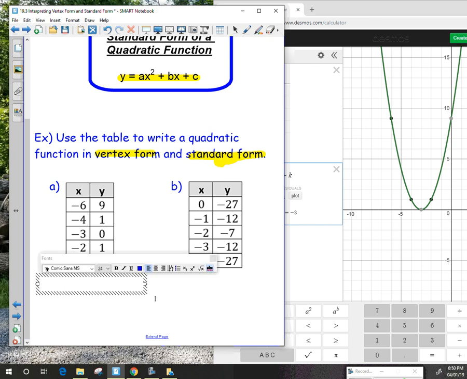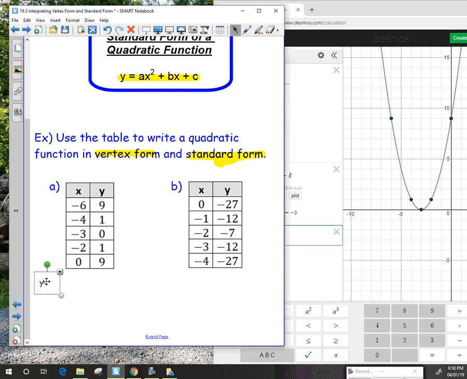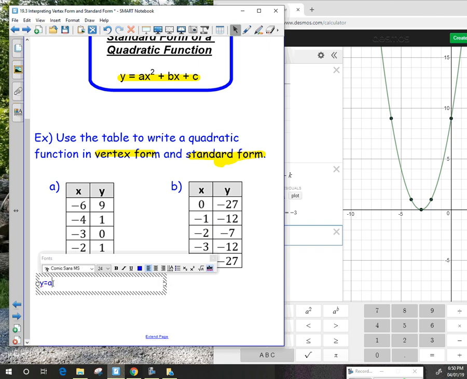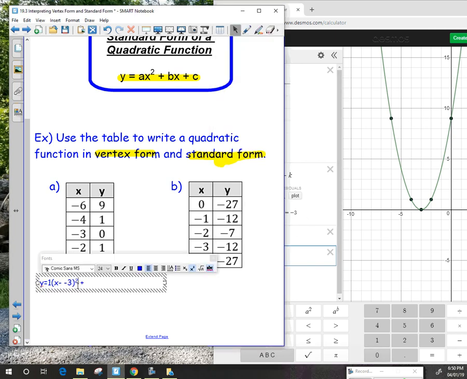My equation is y equals, now my a value was 1, so y equals 1 parentheses x minus, my h value was a -3, so minus a -3 squared, and then plus k, which is 0.